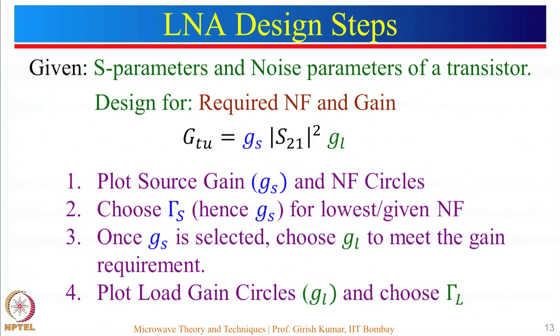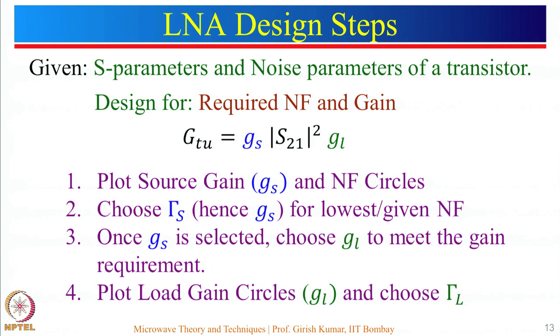So, again to design an amplifier you must follow the steps which we had discussed when we were talking about microwave amplifier design. So, first you check whether the amplifier is stable or not. So, for that you calculate the value of delta, calculate the value of k. If delta is less than 1 and k is greater than 1, then it is unconditionally stable.